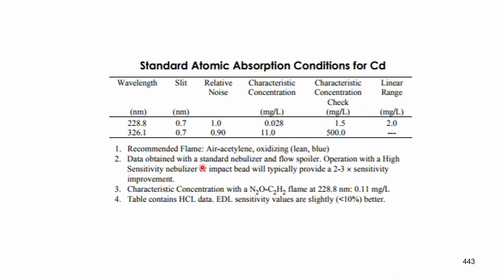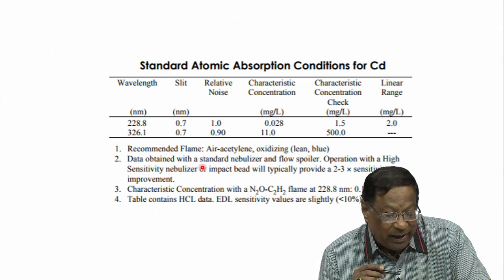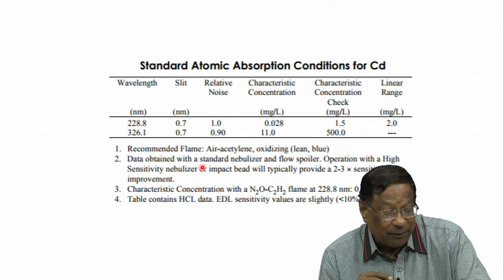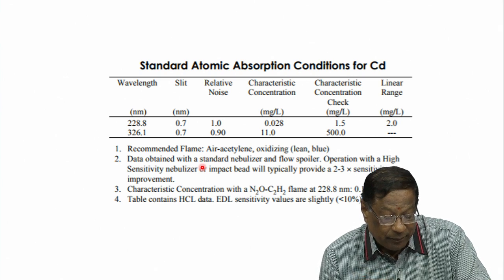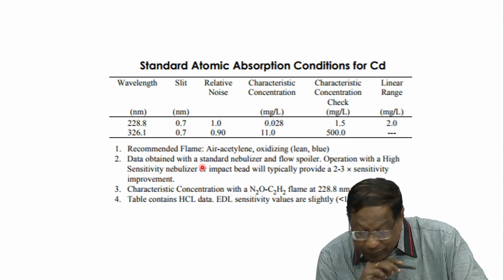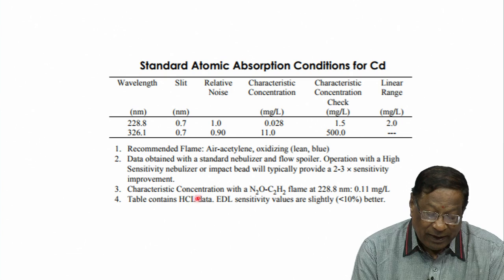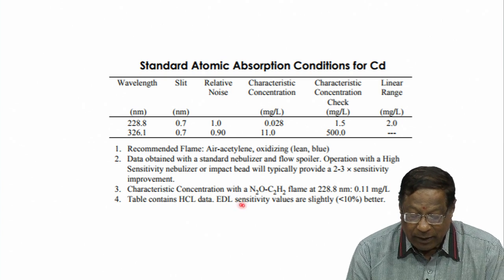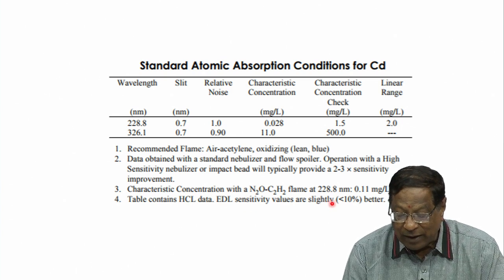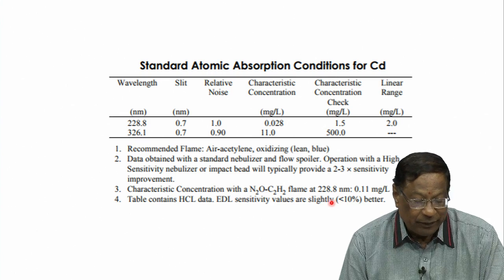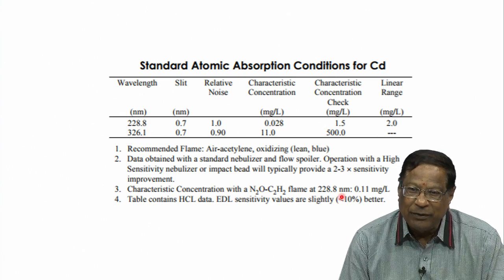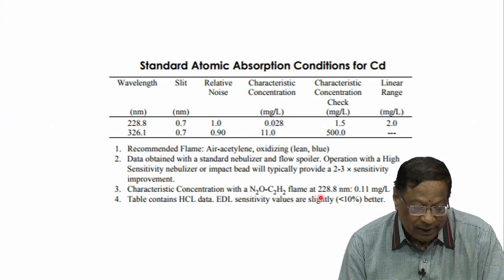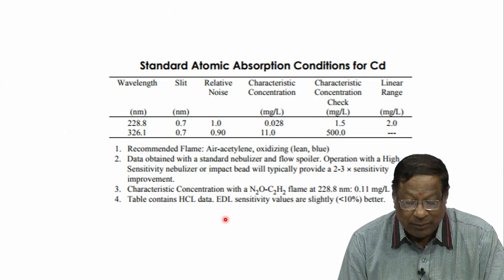Given a choice, you should choose the 228.8 nanometer line for cadmium. They say HCl data is okay, but EDL sensitivity values are slightly better. So, if you have EDL for cadmium, use it, otherwise go ahead with the HCl, hollow cathode lamp data.